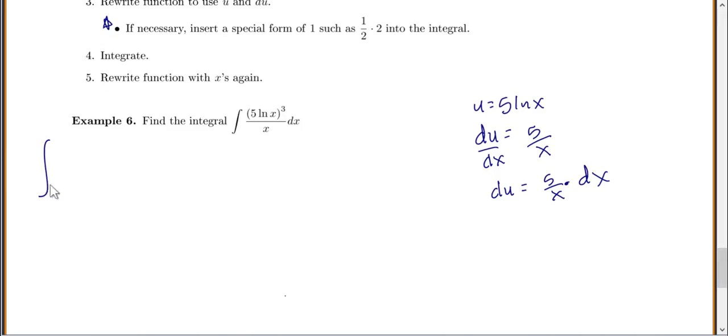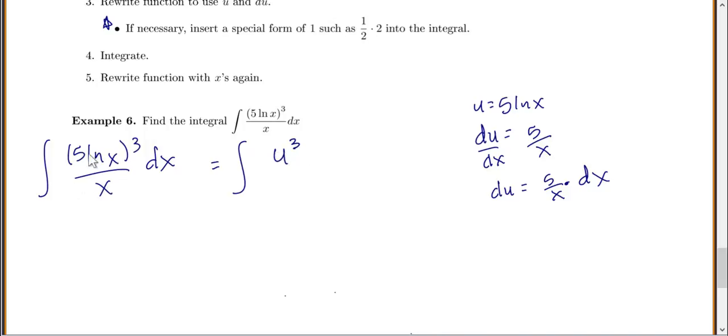So now we come back here and we want to take this integral of (5 natural log of x) cubed over x dx. This is my u right there. So I can replace this 5 natural log of x with a u cubed.